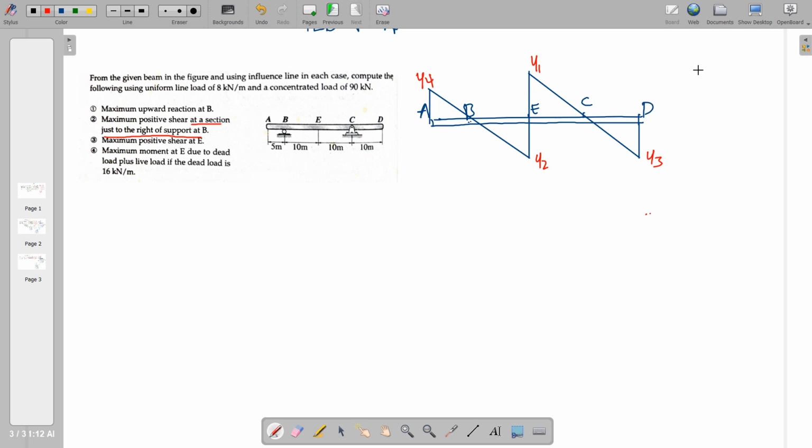So L1 here is equal to 10 as well as L2 is equal to 10. Let me just show you how it was derived. Y1, the base of Y1 is 10 over the sum of the bases of these two triangles that is within the enclosure of these two support reactions.